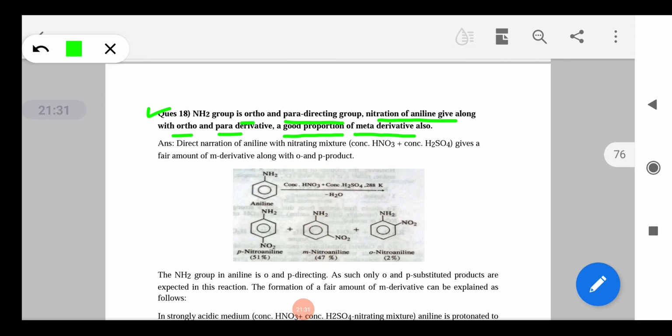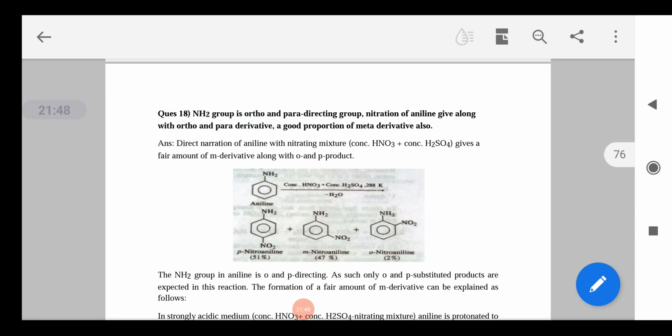That is the question. So here it is very much clear in the reaction: when aniline is treated with concentrated nitric acid and sulfuric acid, then para product, meta product, ortho product, all three are formed. How come this meta product is formed?